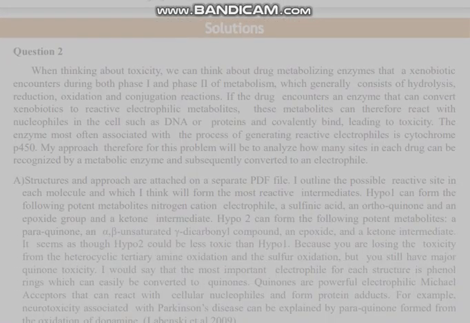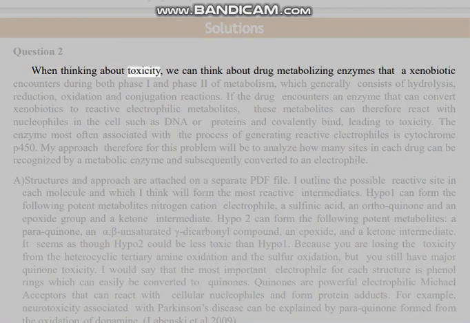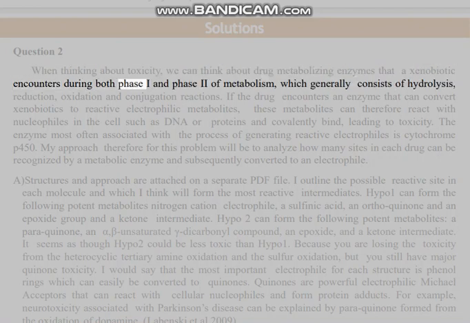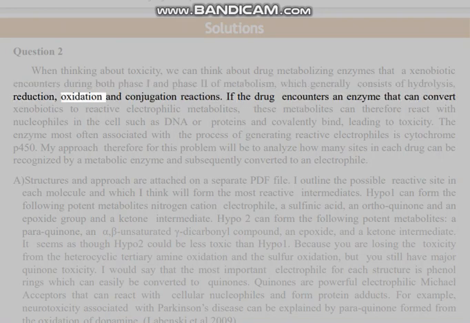Question 2. When thinking about toxicity, we can think about drug metabolizing enzymes that xenobiotics encounter during both phase I and phase II of metabolism, which generally consists of hydrolysis, reduction, oxidation, and conjugation reactions.